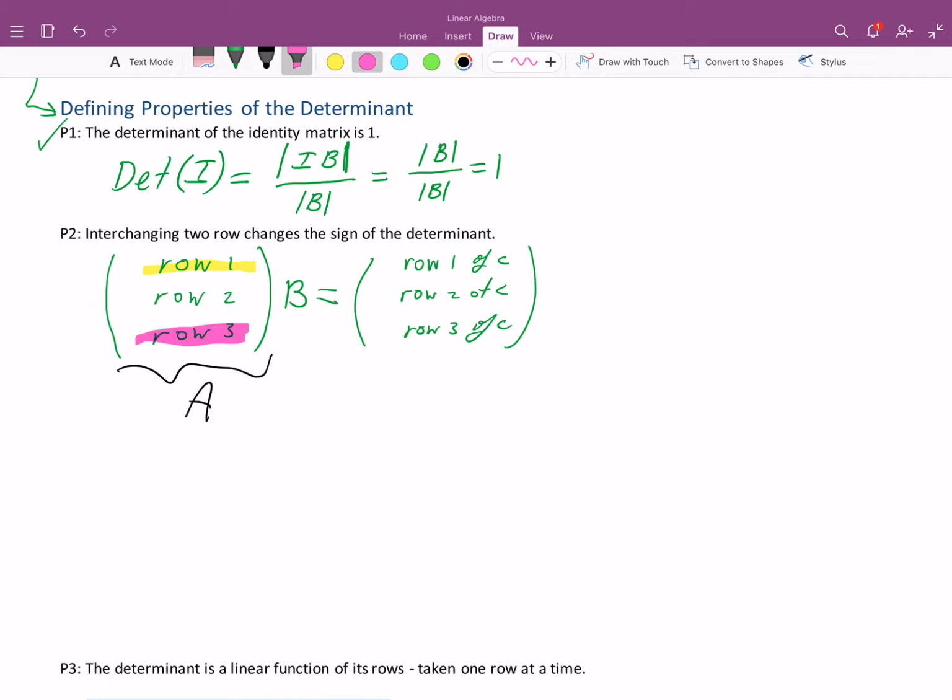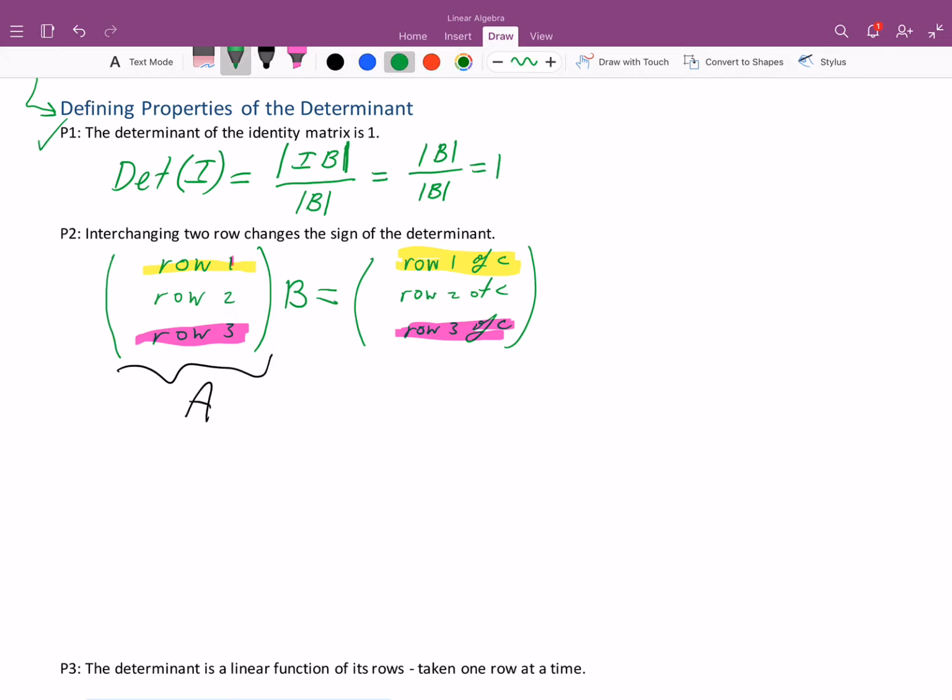Now we know that with matrix multiplication, the first row of the first matrix gives the first row of the product matrix. So this yellow only depends on the yellow, and this pink only depends on the pink.